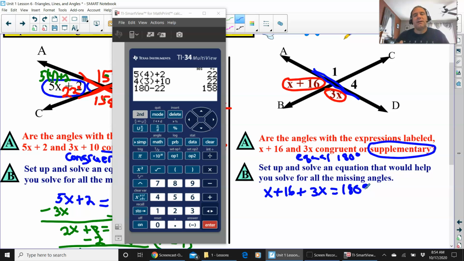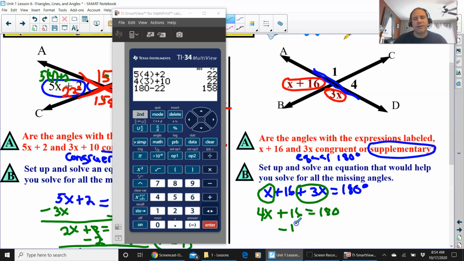No way. All right, so now we have to go ahead and combine like terms because you have x's on one side of the equal sign. Please don't move anything across that equal sign until you combine like terms. So you have x plus 3x is 4x. I'm going to bring down the plus 16, and I'm also going to bring down the equal sign and the 180.